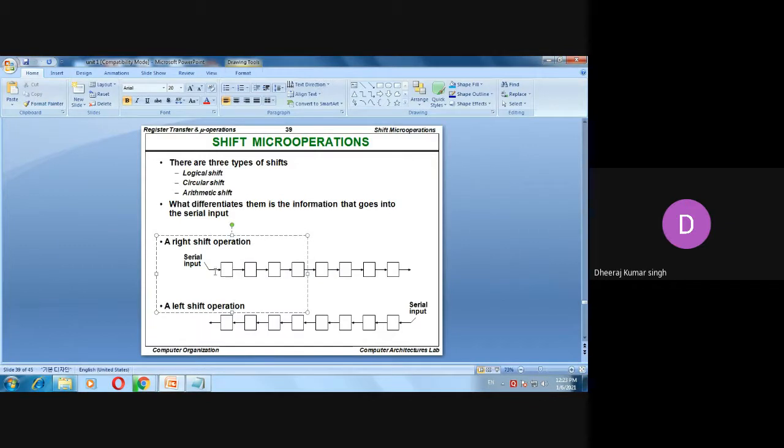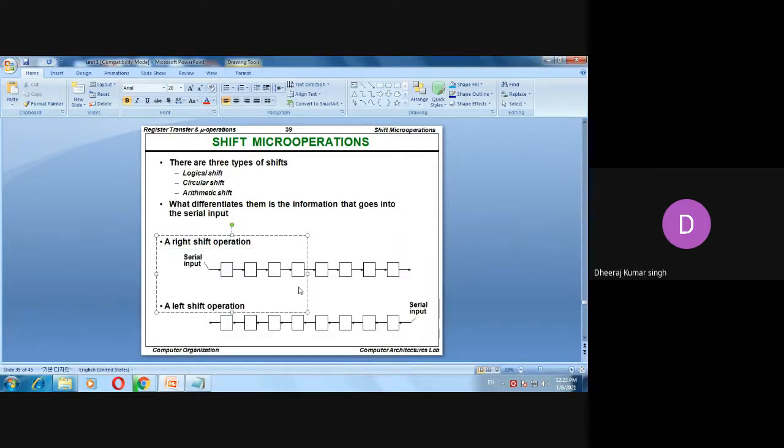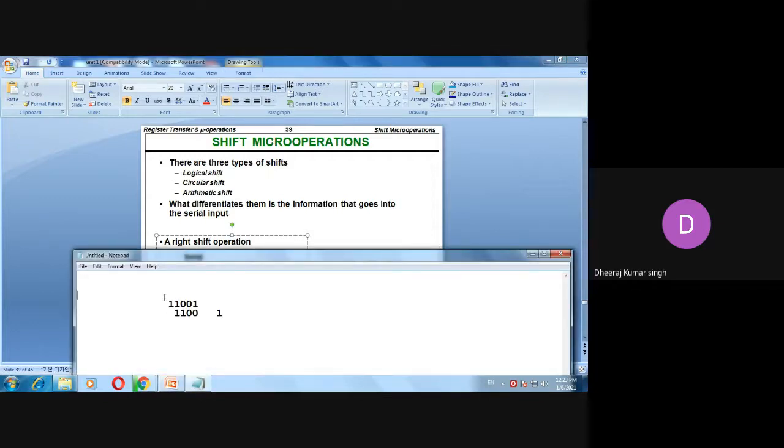This is the right shift operation, and it basically divides the number by two.